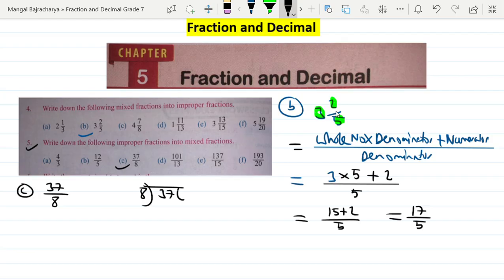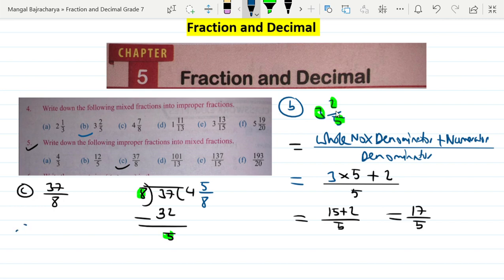So let's count in the multiplication table of 8. 8 fives are 40, but we have 37, so we cannot take 40. 8 fours are 32, and now when we subtract, we get 5. That remainder we keep as the numerator, and what we divided by, we keep below as the denominator, and that will be the mixed fraction of the given improper fraction.